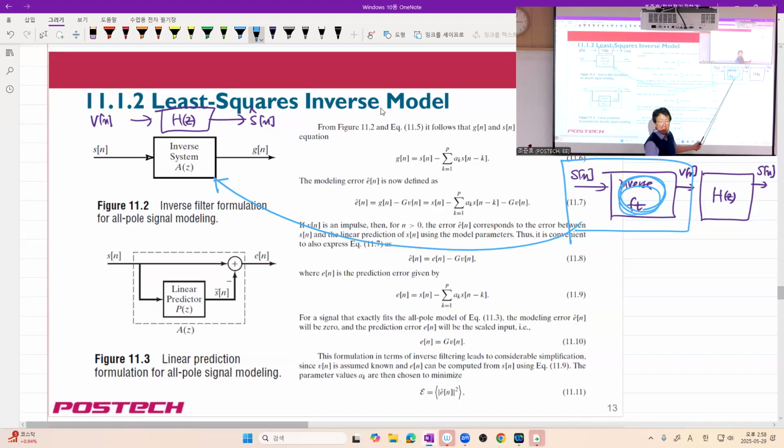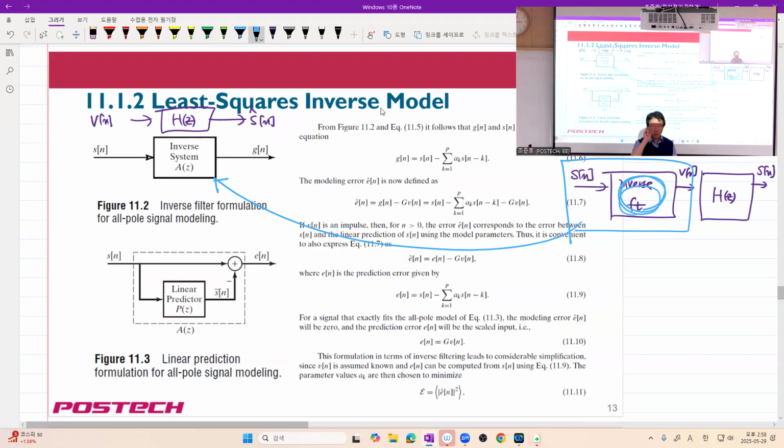And now, when S goes in, the inverse system tries to regenerate the signal S. So if the energy of this difference, the error signal e of n, is minimized, then we will be satisfied with our choice of H of z.